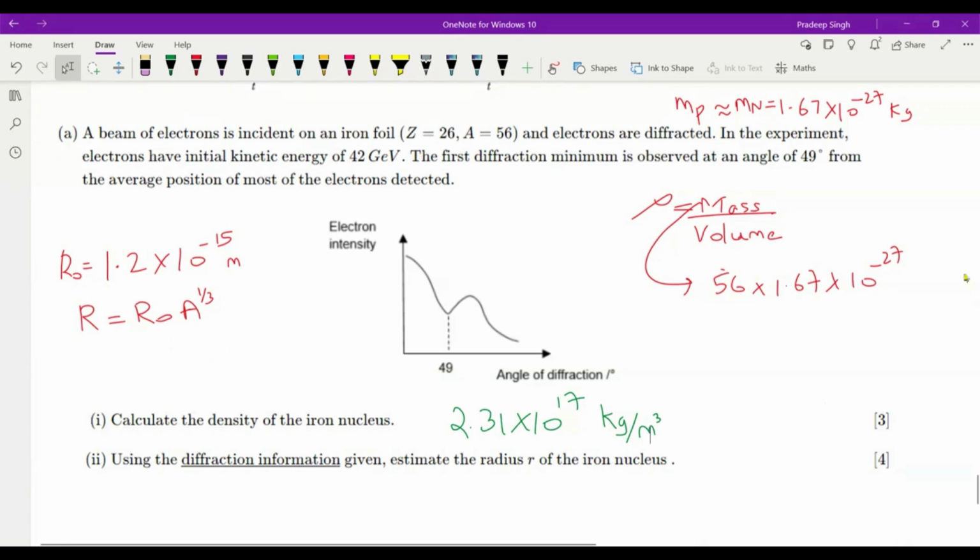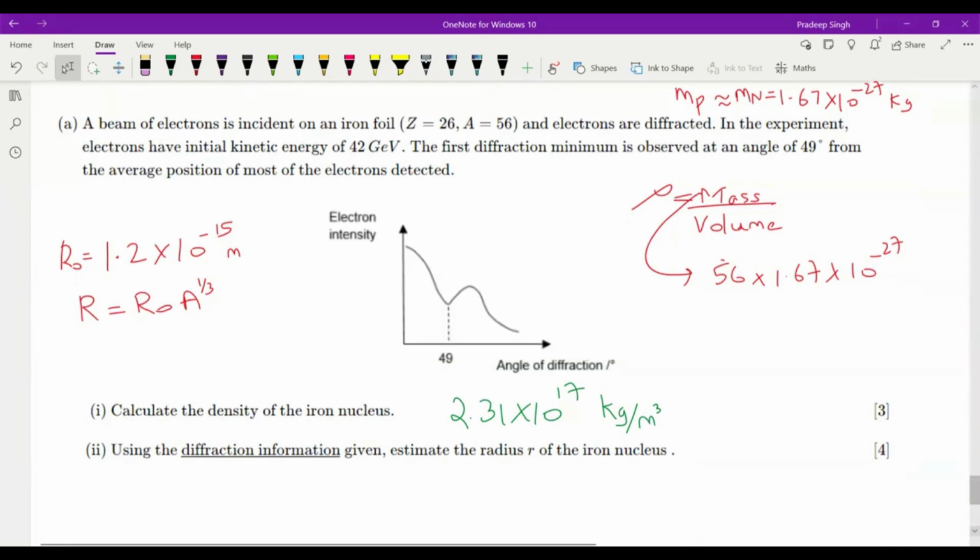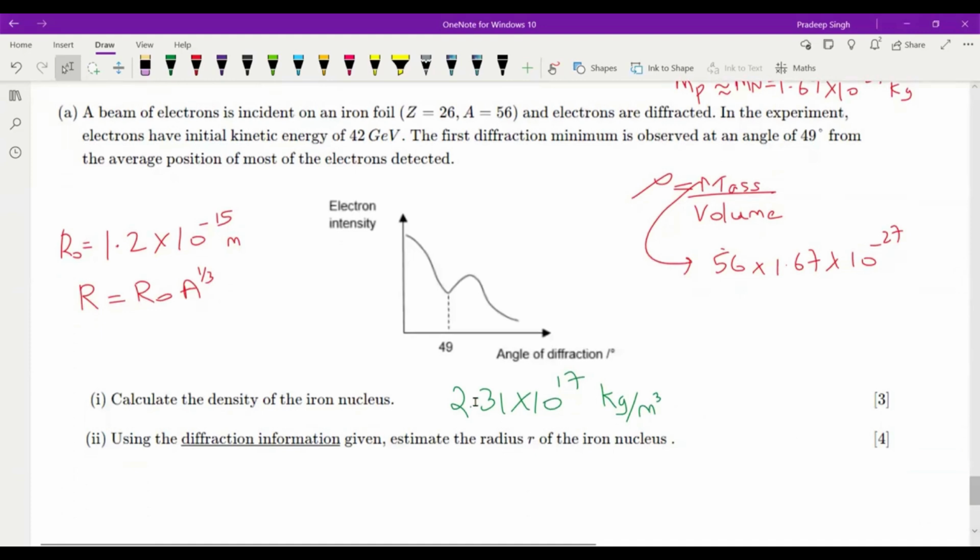Now the second part. This question was placed in the tough category for revision village. So it is. So for the next part, do we take 2.3 then as the density? Yes, 2.3. Okay.